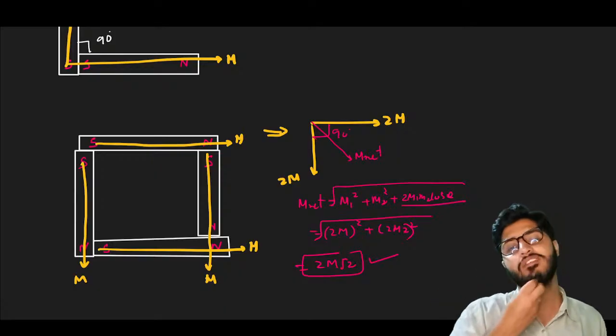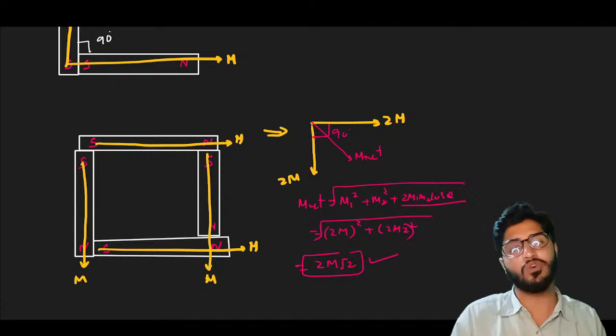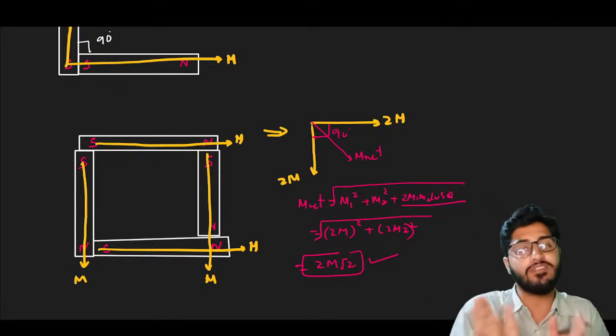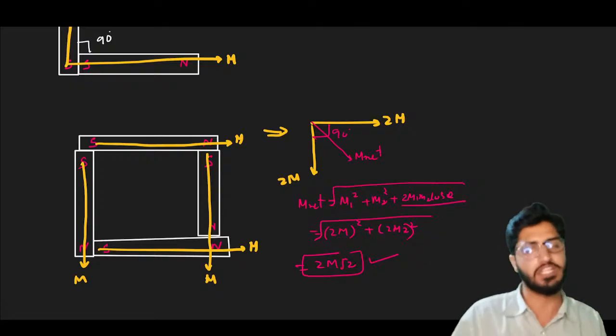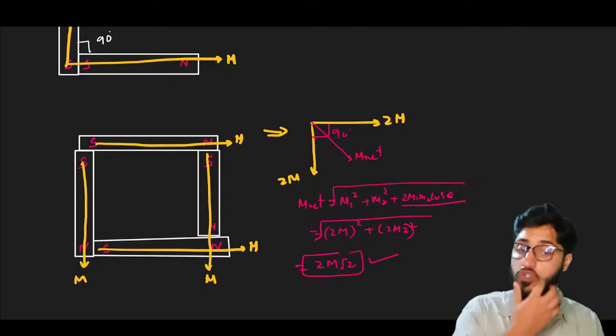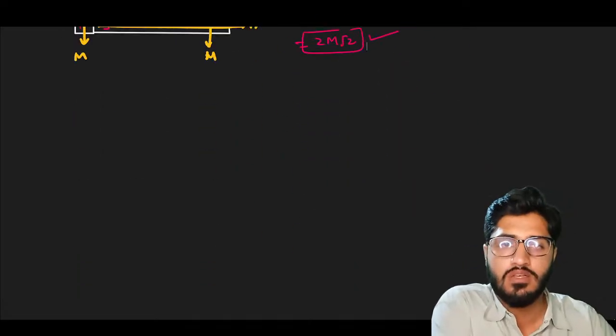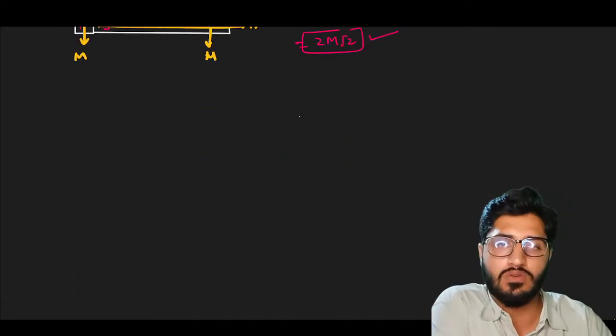Now, if somehow we are having inclined, not 0, not 180, not 90, if we are having them inclined by some different angles, 37, 45, 30, 60, how to deal with those numericals? Let us suppose we are having something like this, now look.